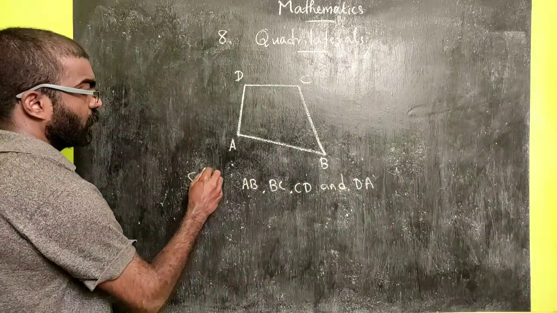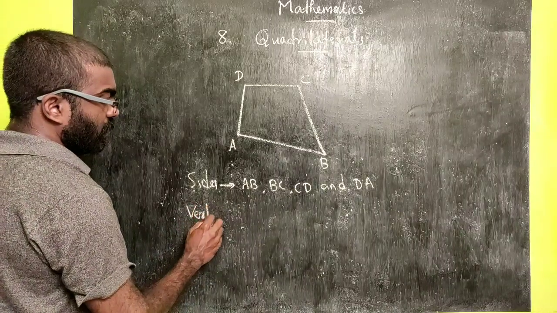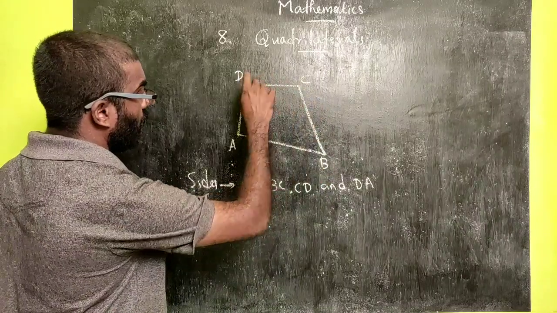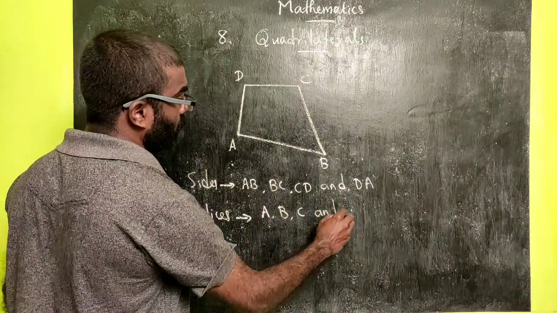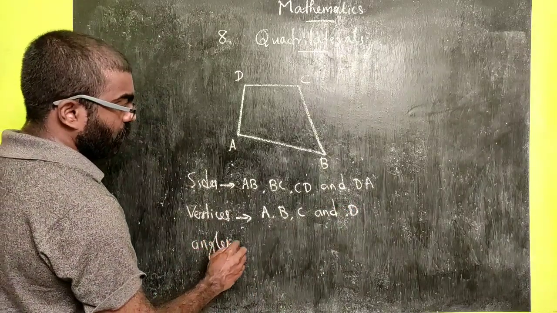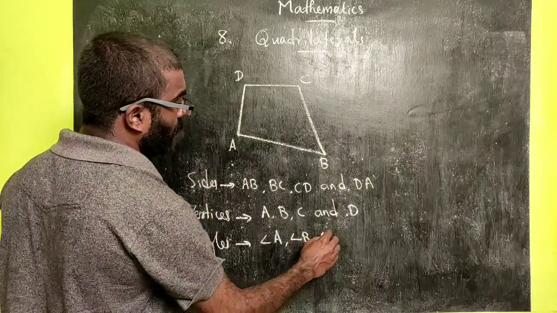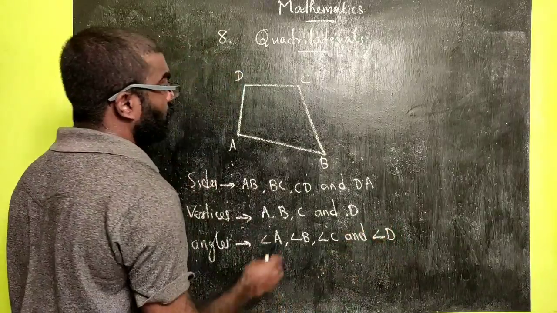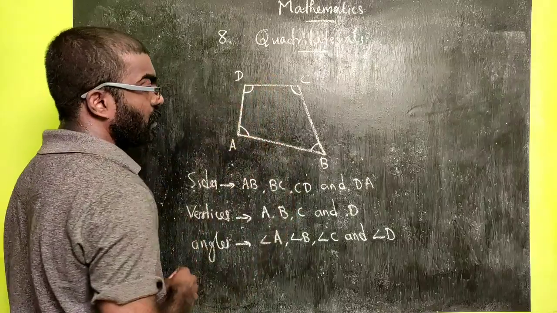These are the four sides of this quadrilateral, and the vertices are namely A, B, C and D. And the angles are respectively angle A, angle B, angle C and angle D. Okay, these are the four angles of this quadrilateral.